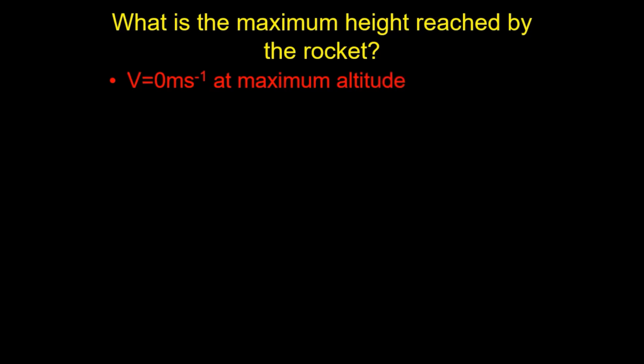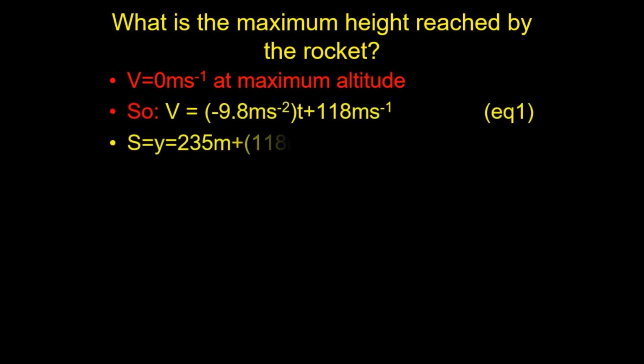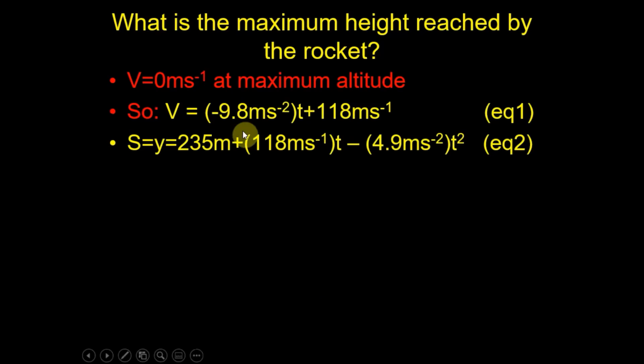So what we can say is at maximum altitude, the velocity of the rocket is nothing. That means we can employ the following equations. V would be equal to AT plus our VI. I turn them around. This is our initial velocity.